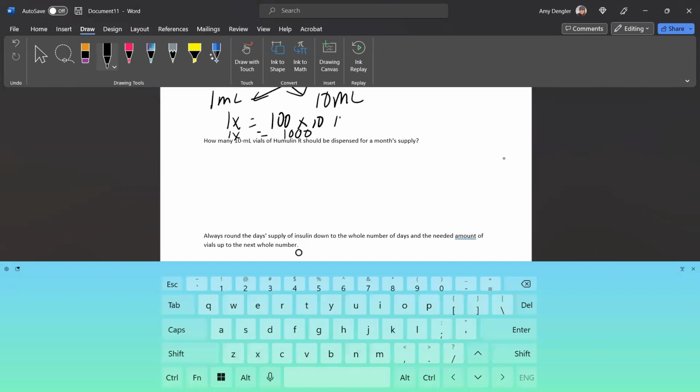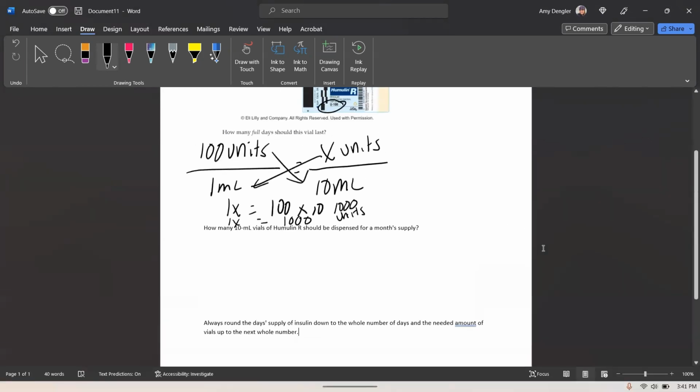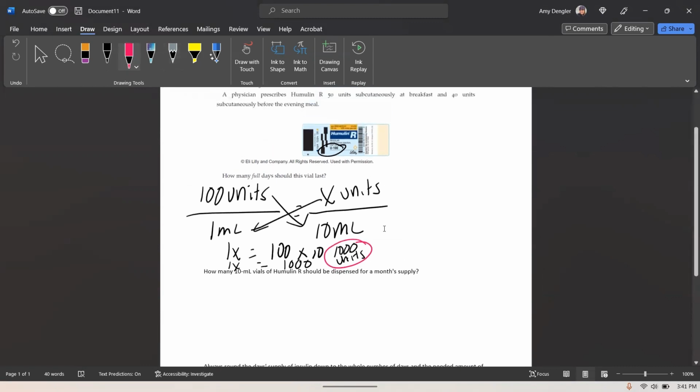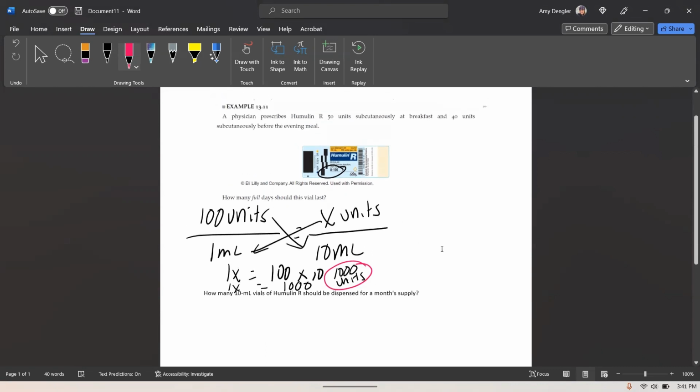So the answer is just 1,000 units in one vial of insulin. And that is something I would make a comfortable spot in your brain for because you're going to use that so much. So for a vial of insulin, not a pen, there's 1,000 units in one vial. There are some higher strength ones, but for the most part, they're all going to be 1,000, especially in the retail world.